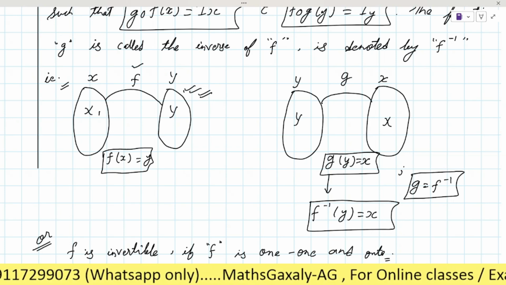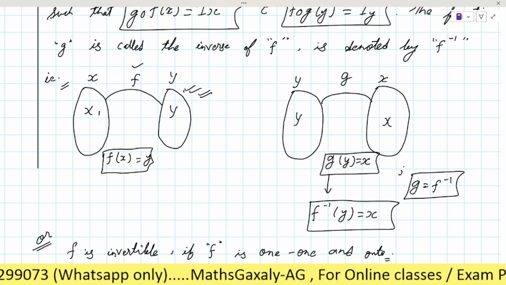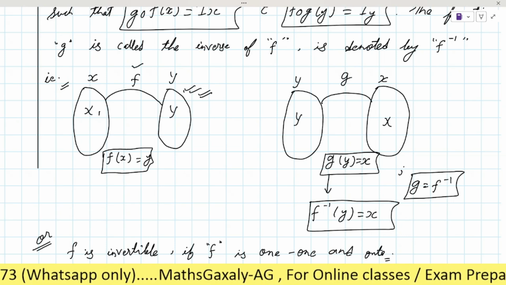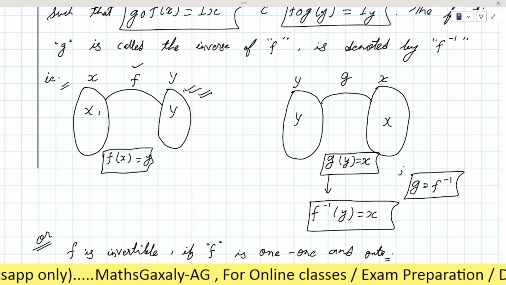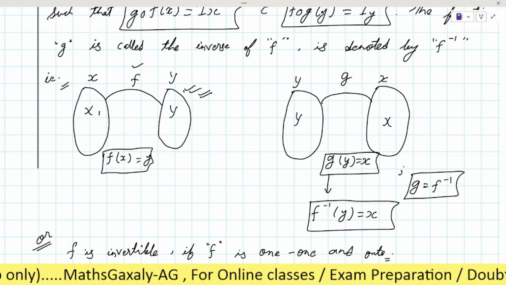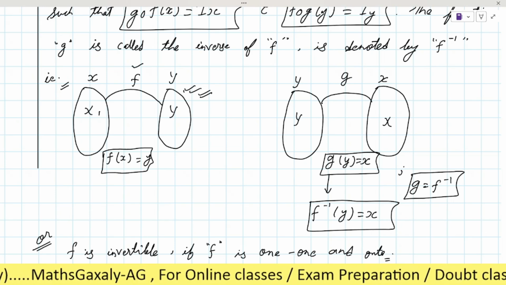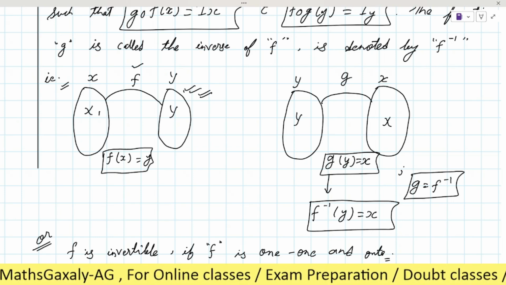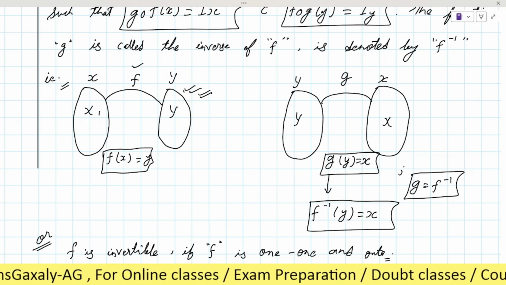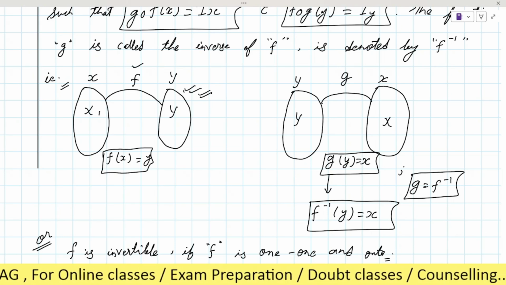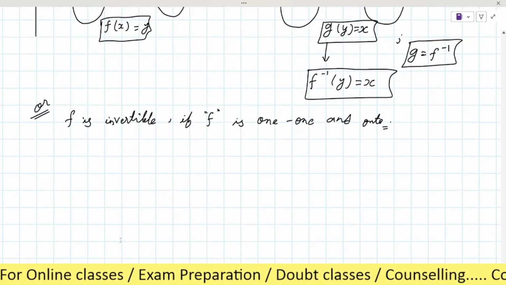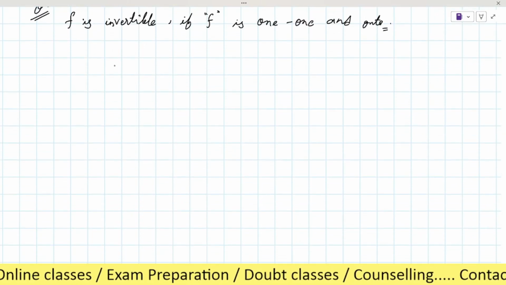So when it is an onto function, each element of set Y is the image of some element in set X. When you look at the relation or the function from the Y side, you will automatically get that it holds one property from Y.